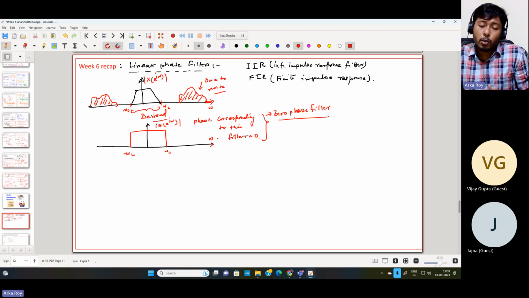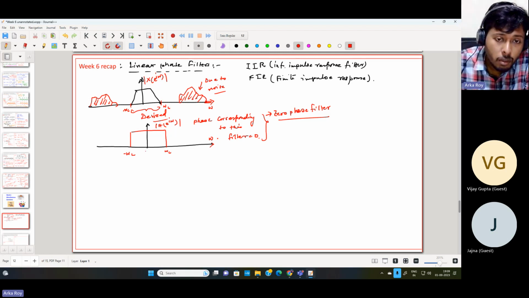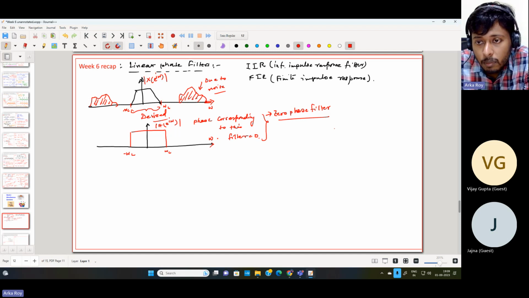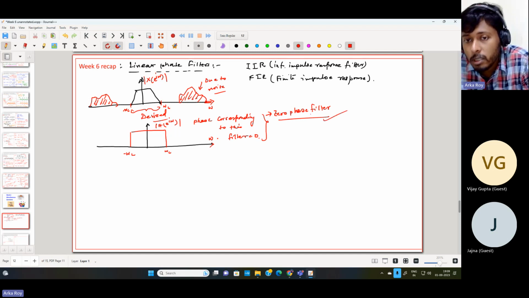However, in case of image processing, the zero phase filter can be used, as an image is spatial data. So there is no concept of time or sample sequence. Therefore, we can use zero phase filter over there, as time reversal is not trivial over there. So for this particular filter, if we say that this is a zero phase filter, then it has some disadvantage as far as signal processing is concerned.